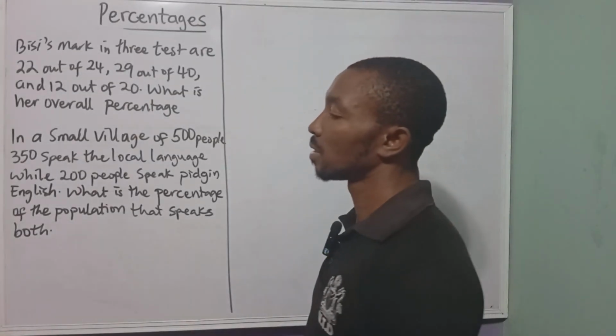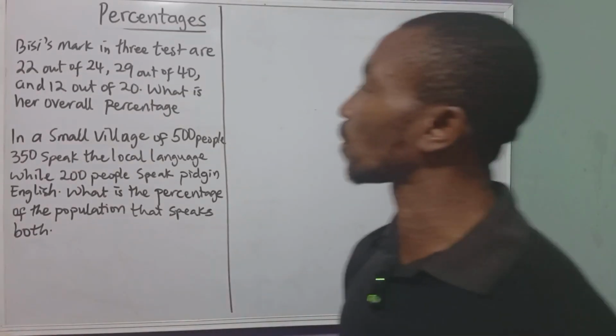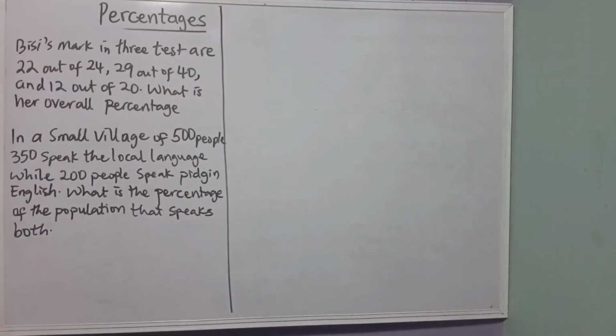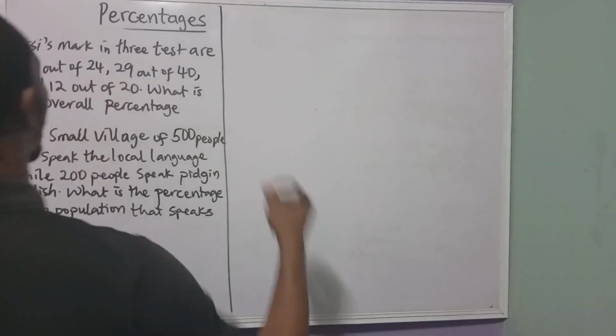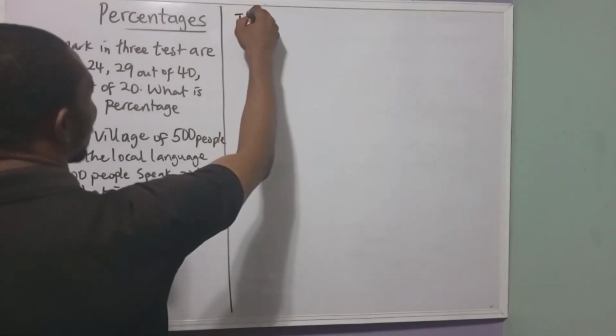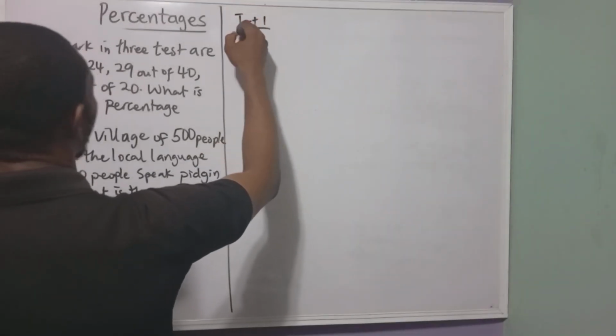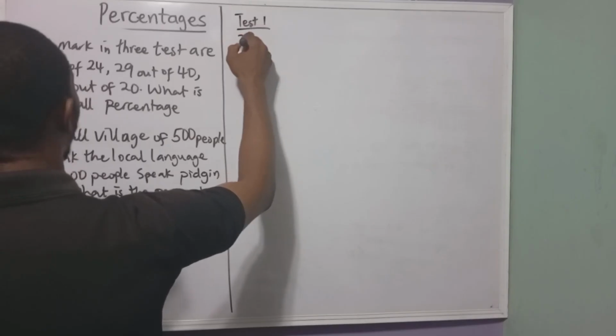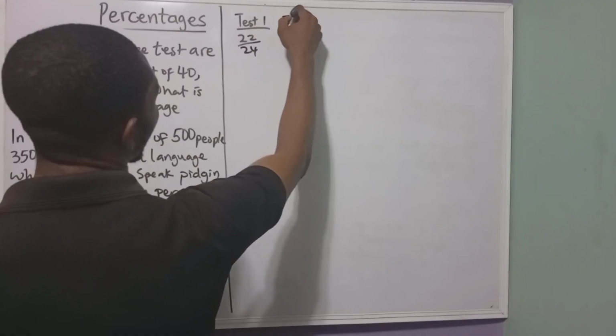Next question says, BC's marks in 3 tests are 22 out of 24, 29 out of 40, and 12 out of 20. What is her overall percentage? In order to solve this, we look at test 1, she has 22 over 24.